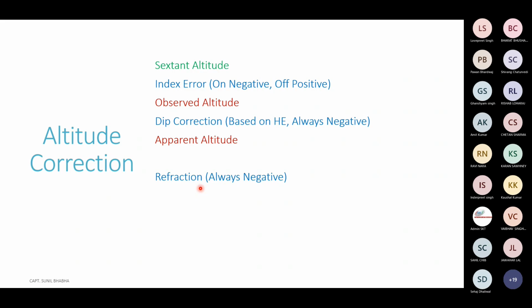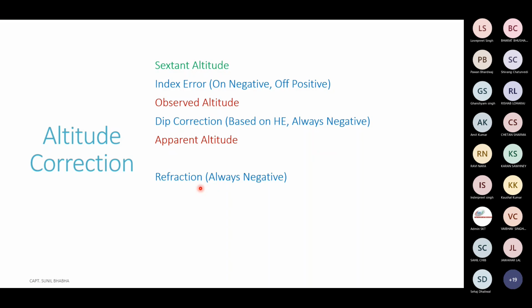Whenever we see a celestial body, we are able to see it because some light from that celestial body is able to reach our eyes. So that light obviously has to pass through the atmosphere. All the celestial bodies are in space. So any light coming from a celestial body to our eye has to pass through the atmosphere.